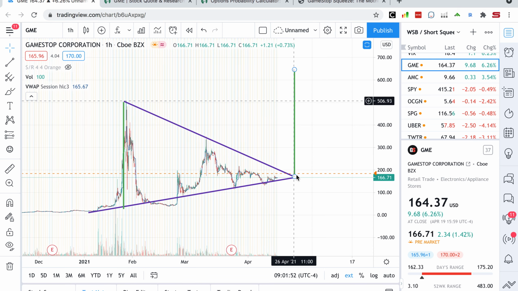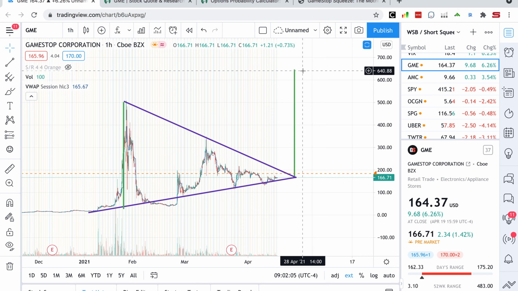So right here you'll see that according to the wedge, by this date, which is about the end of April, about the 27th of April, we're looking at a price target of $646.24. Now, I've seen charts like this break out early.